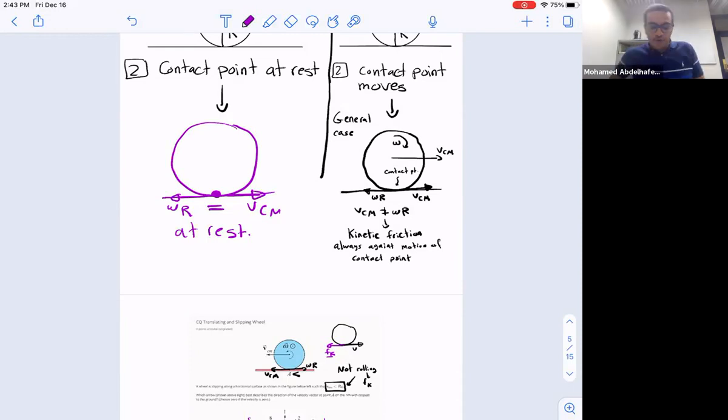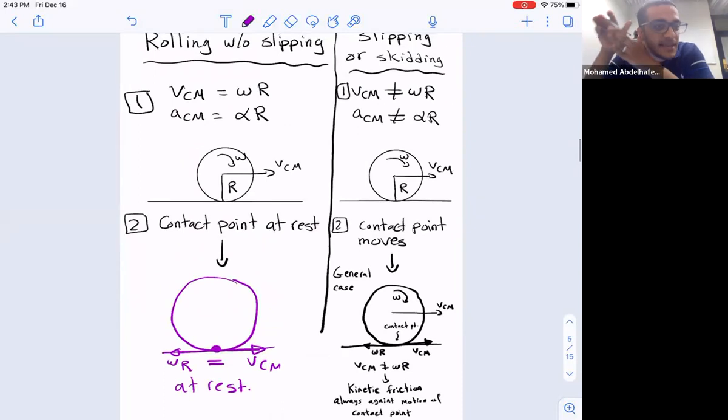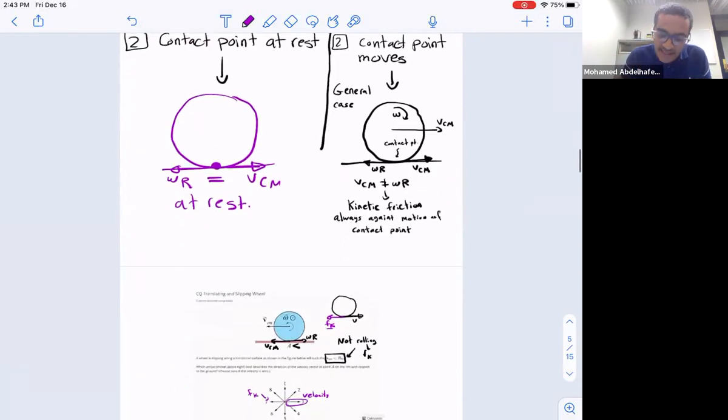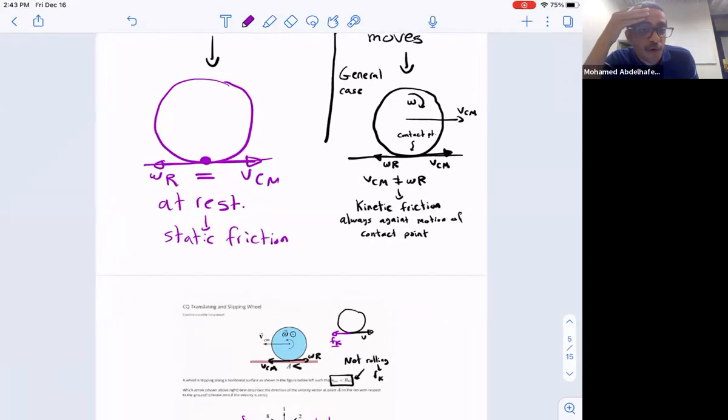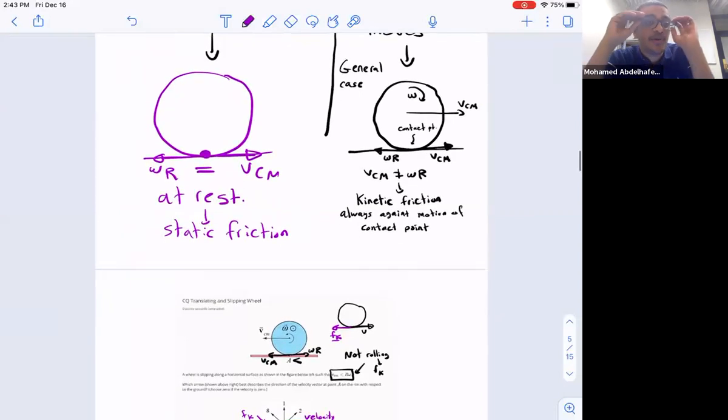So compare the general kind of motion, where you have kinetic friction against the motion of the contact point. Rolling without slipping means immediately you have static friction. Don't forget this. Students often forget it. They don't include static friction when they do rolling without slipping, because the question will not necessarily tell you there is static friction. You should do it yourself. Once you see rolling without slipping, if you're doing a free body diagram, put static friction.